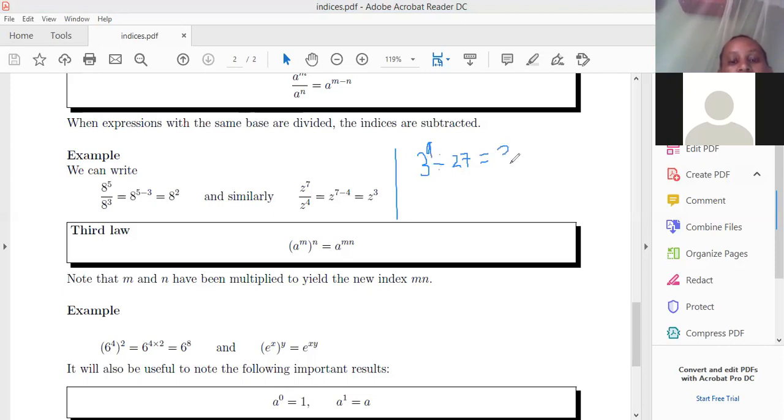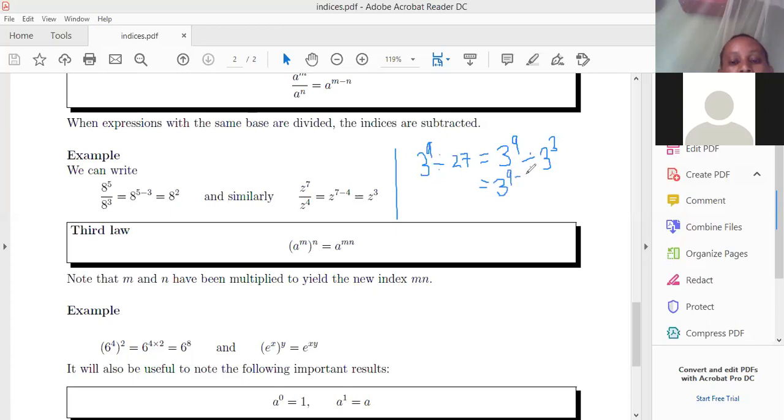So we can write this one as 3 to the power of 9. And then we divide this one by, say, 3 to the power of 3, which is the same as 27. Now, because we have the same base, we can go ahead and employ our rule, which states we have 3 as our base, and then we just subtract our powers.